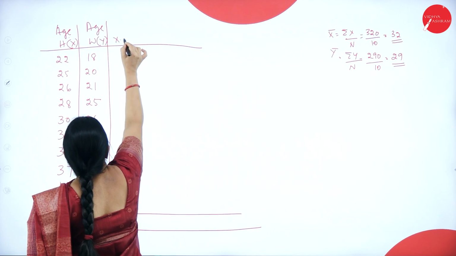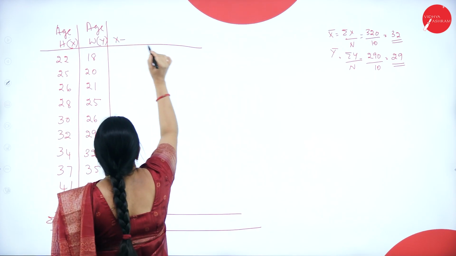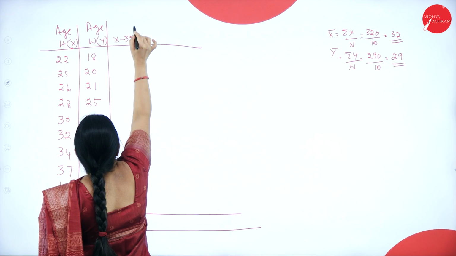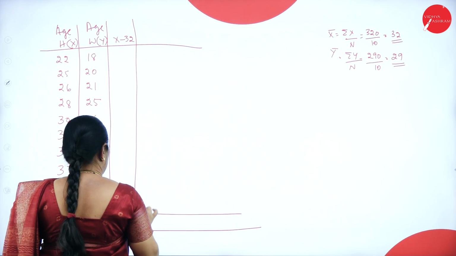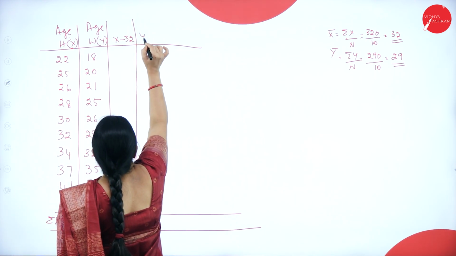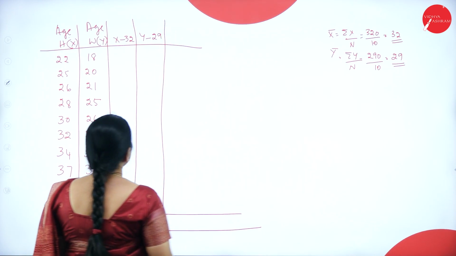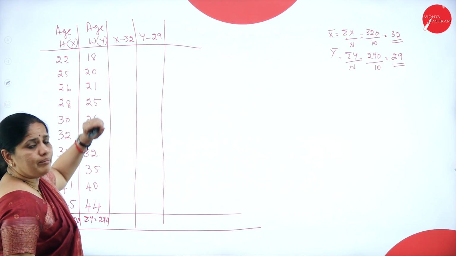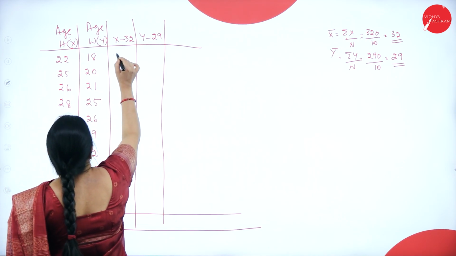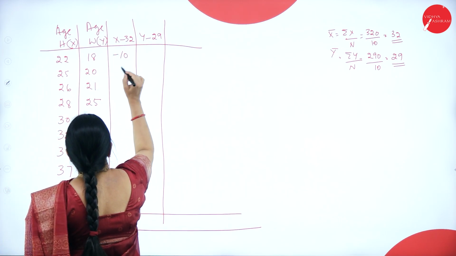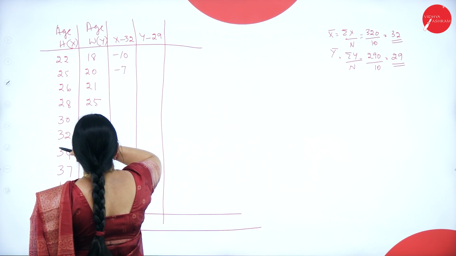So x minus, what is the mean of x? 32. So x minus 32, y minus 29. So 22 minus 32 is minus 10. 25 minus 32 is minus 7.